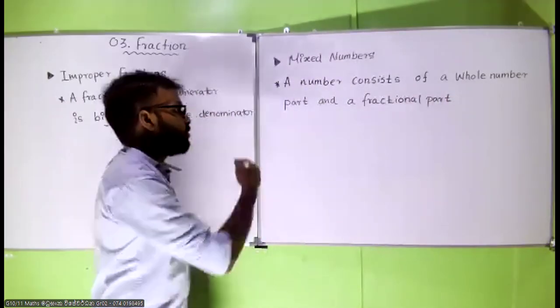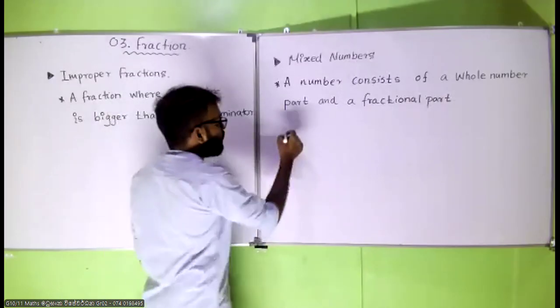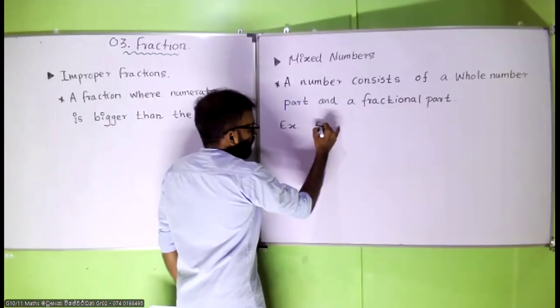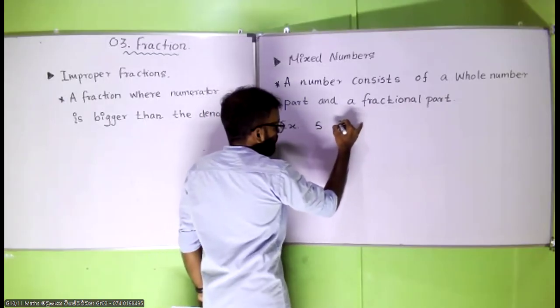So those are the 2 things. For an example, I will give you in a minute. 5 and 3/7.